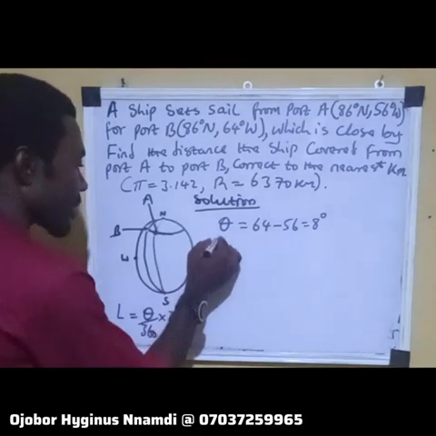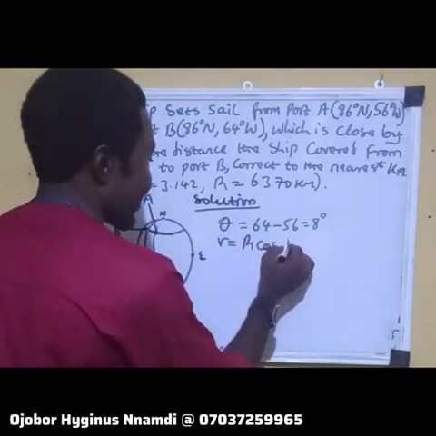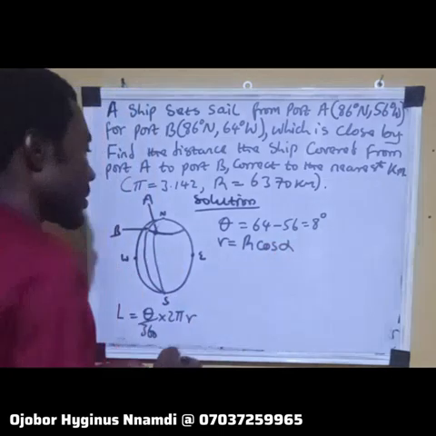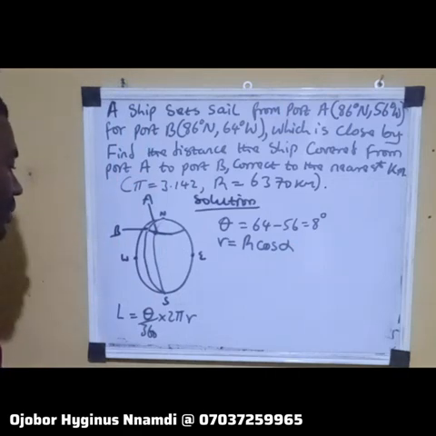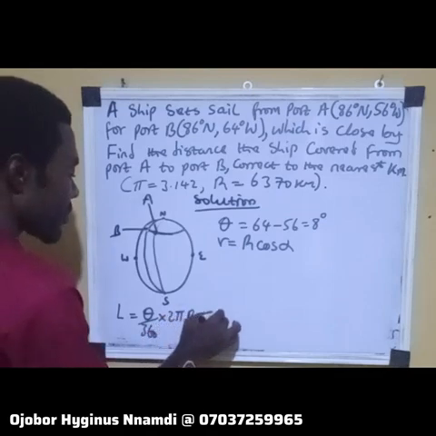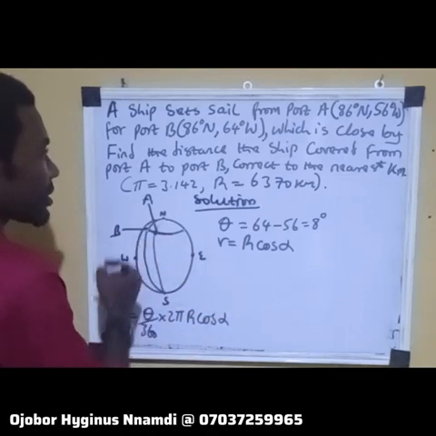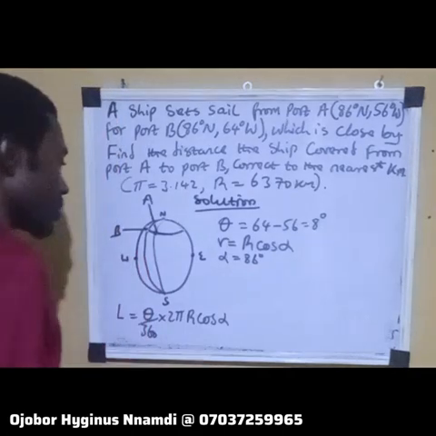That small r, we know, is the radius of the great circle times cos of the angle or the position or the latitude of that small circle. So this small r will be replaced with capital R cos alpha, where alpha is this latitude, 86 degrees north.